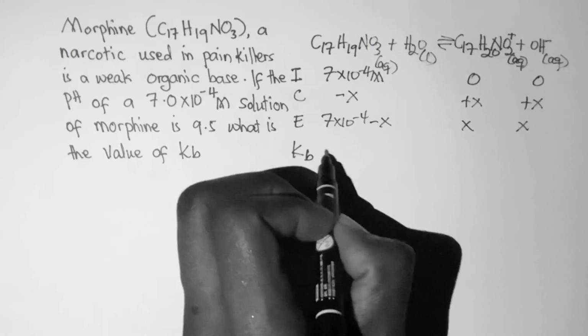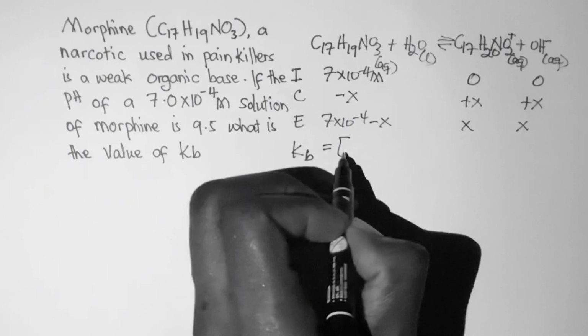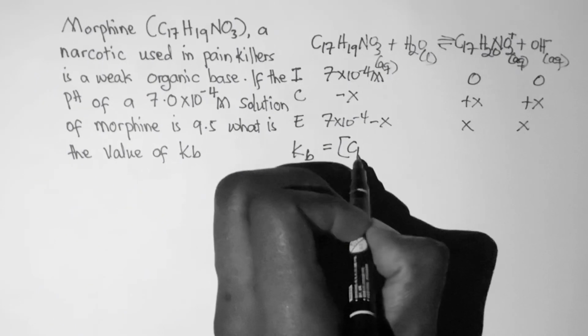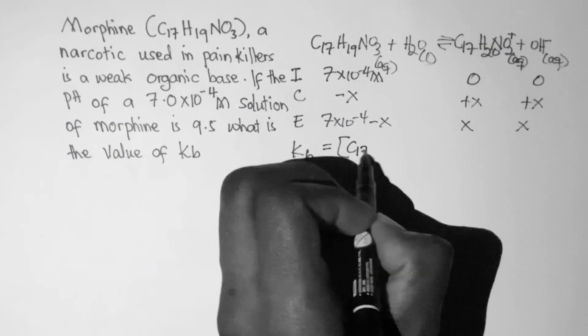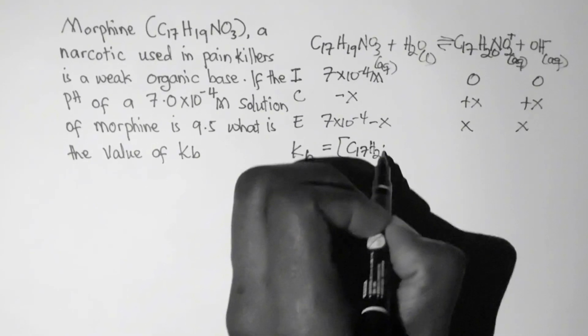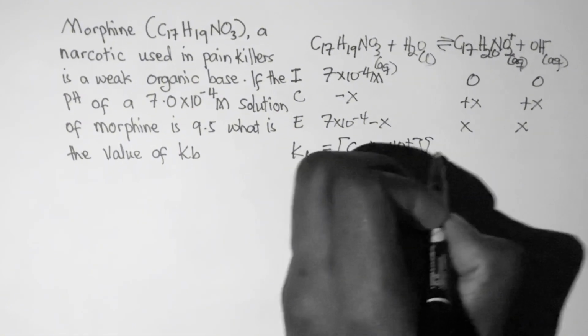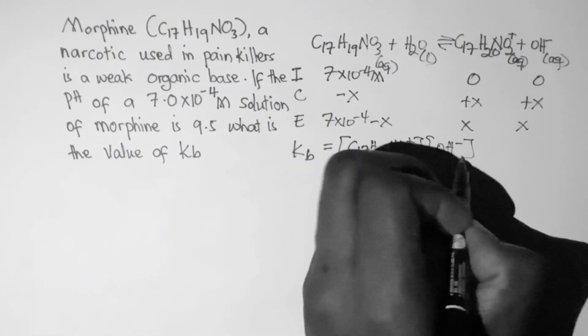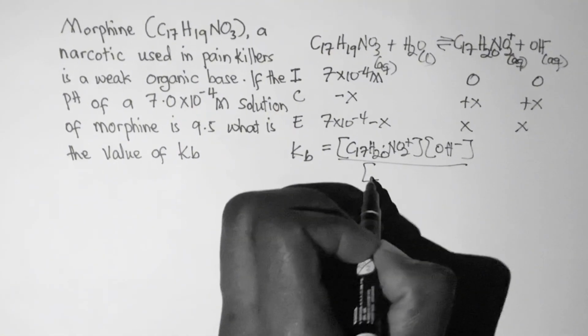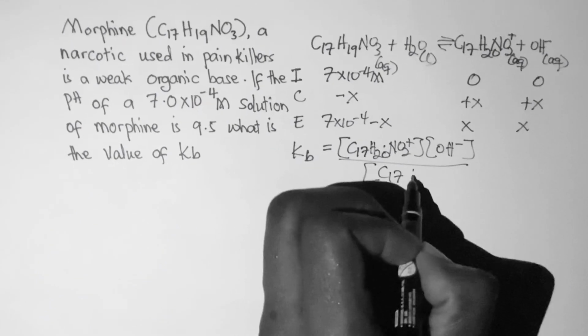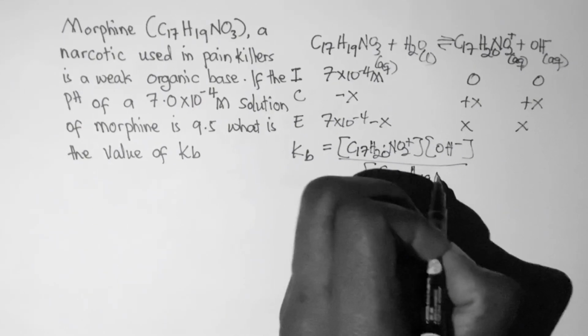Kb of morphine is giving us the concentration of C17H20NO2 plus times the concentration of the hydroxide anion divided by the concentration of C17H19NO3.